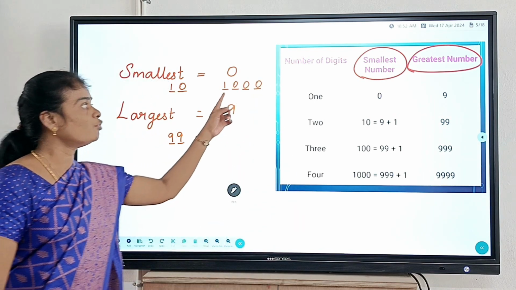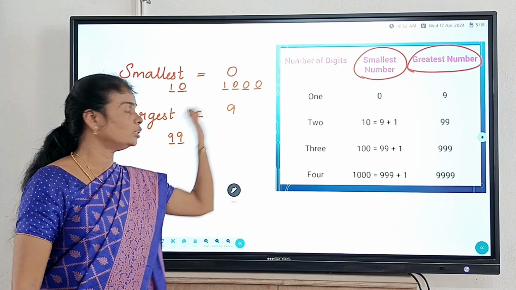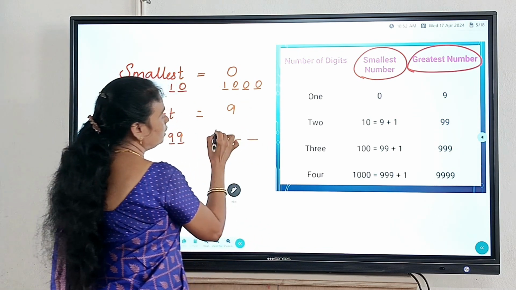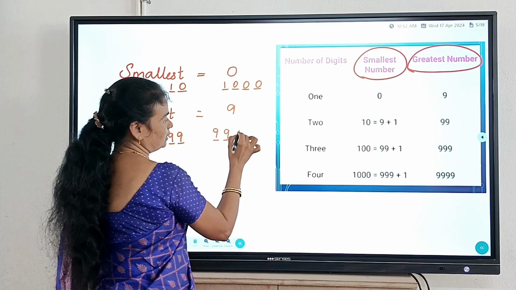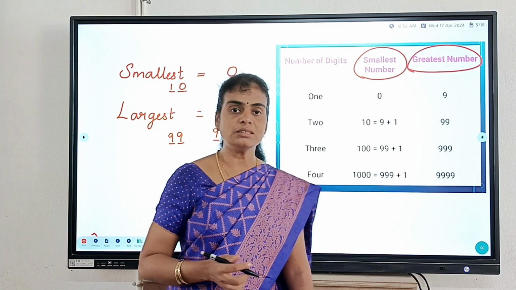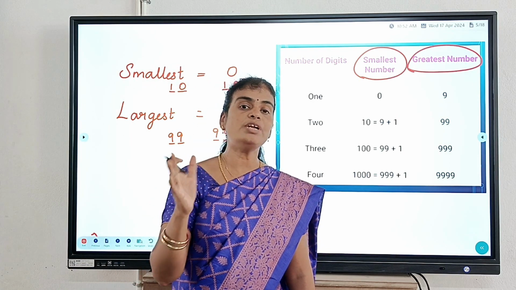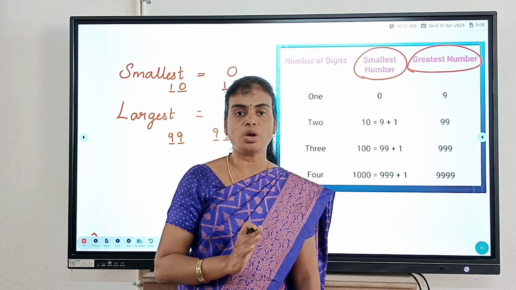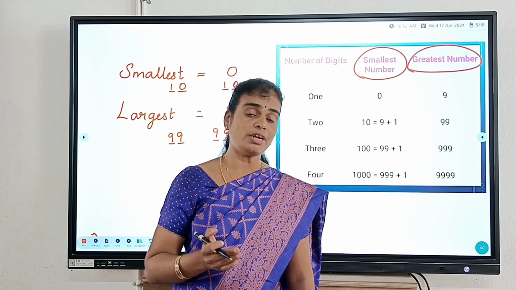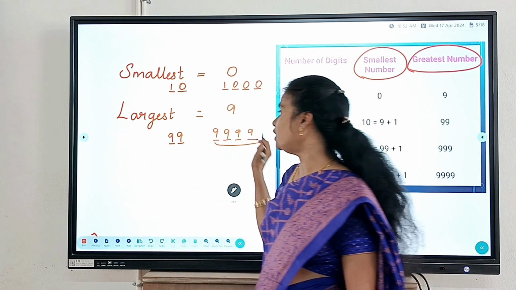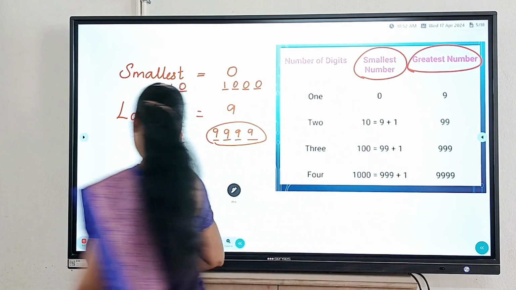So the smallest 4-digit number will become 1000, whereas for the largest 4-digit number, you have to fill all the places with 9. So what we have to keep in mind is, smallest means it has to be filled with 0 except the first digit, which should be written as 1 only. And if we are asked to find the largest number of given digits, all the places should be filled with 9.